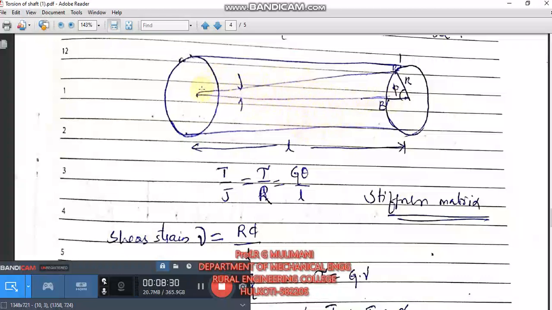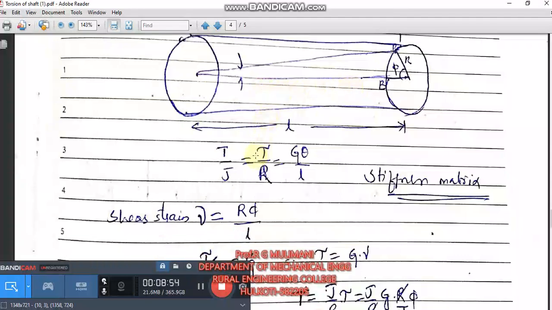The angle of twist at node 1 is phi 1, and at node 2 is phi 2. For the derivation purpose we have considered phi 1 equal to 0, but in real practical cases it is not 0, because the torsion is applied at both ends.